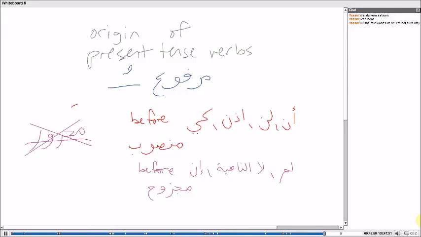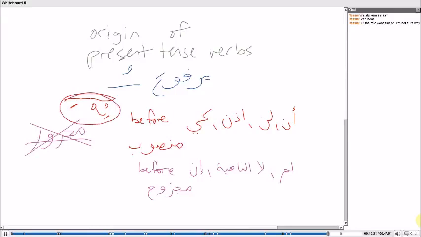Any verb might have a kasra. Why? Because of reading purposes. Right? Because we have two sukoons next to each other. Maybe we put a kasra just for reading purposes. Right? But a verb is never ever majroor.